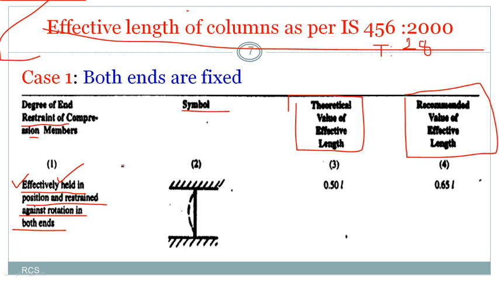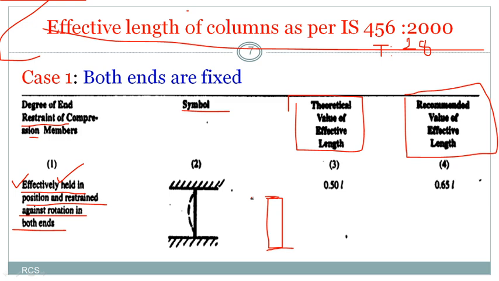Effectively held in position means, suppose you take a column, it has 2 end conditions. This is one end condition and this is another end condition. It means this column is supported with some connections. It may be a hinged support or a fixed support.